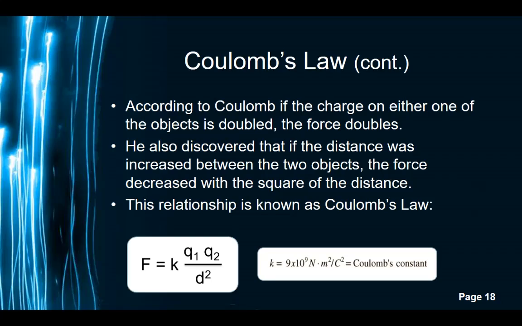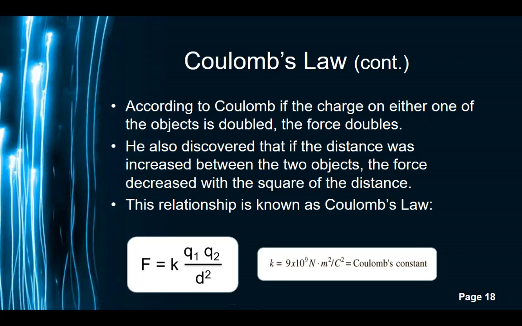Instead of K, we had the capital G as the gravitational constant, and instead of Q1 and Q2, which are charges, we have M1 and M2, which are masses. Because we're using charge instead of masses, the constant is not going to be the same as the gravitational constant. It is Coulomb's law electric constant, or Coulomb's constant.